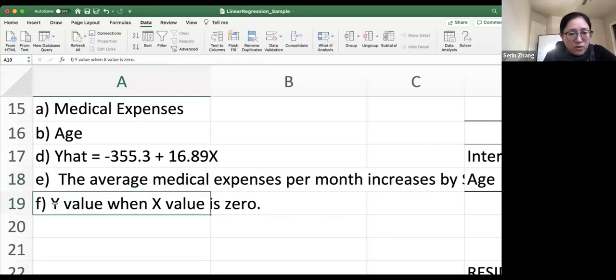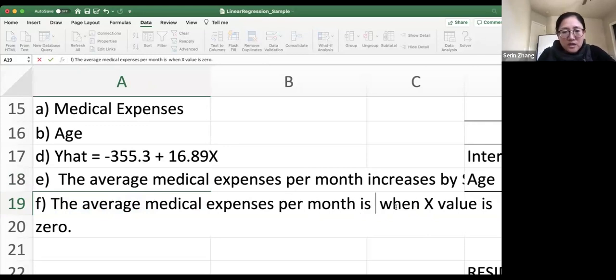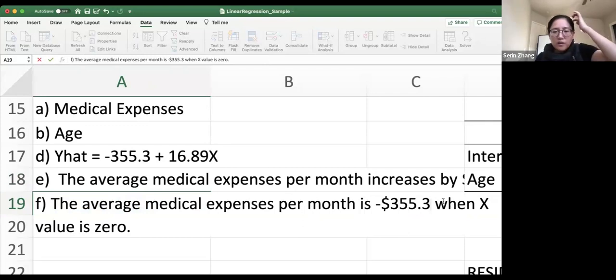That y value is negative $355.3. So let's just leave it like this.